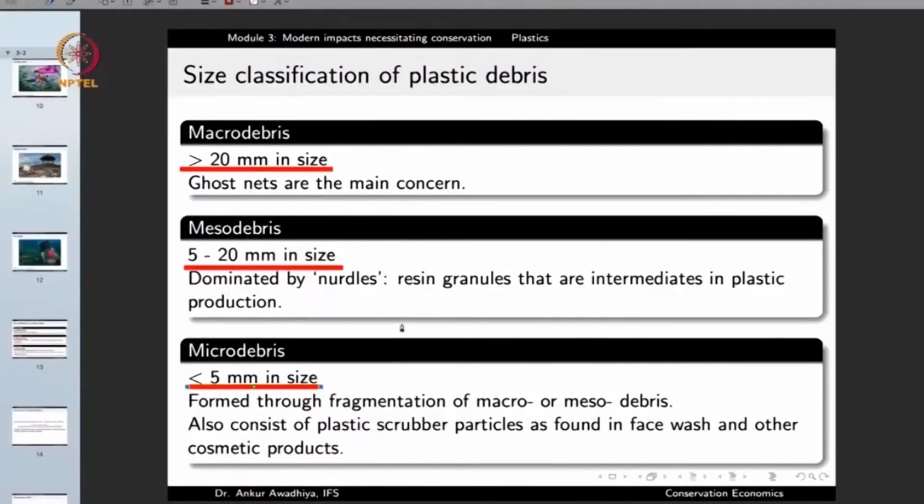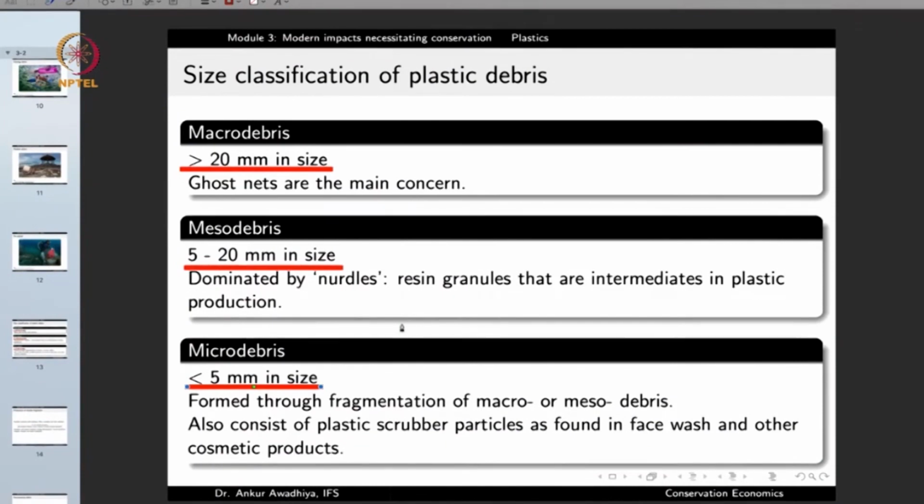So the macro debris and the meso debris will break into smaller particles, and ultimately they will form the micro debris. But micro debris also comprise of certain small particles that are manufactured that way, less than 5 millimeters in size, for use in cosmetics.